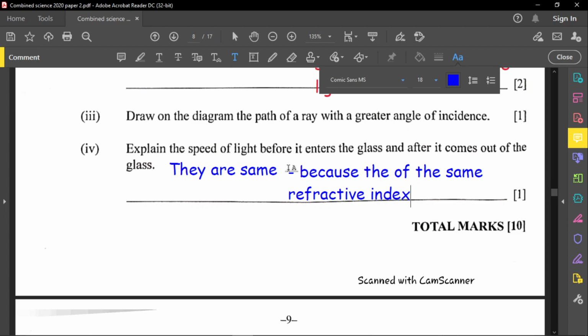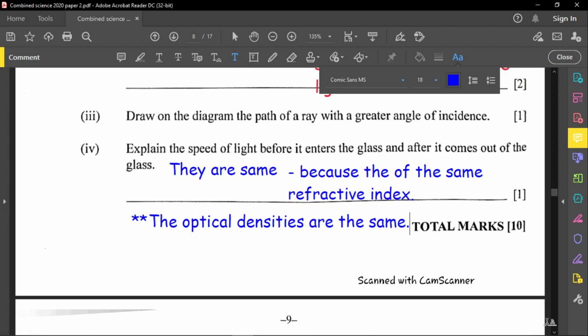Speed of light will travel the same way in the same medium. And so I could make a note right here that the optical densities are the same. So great.